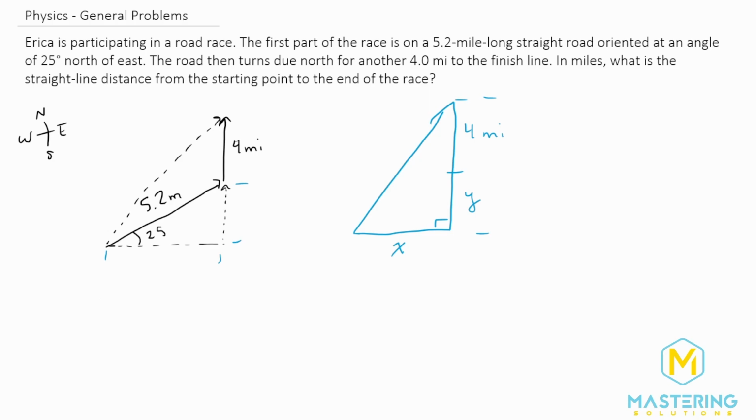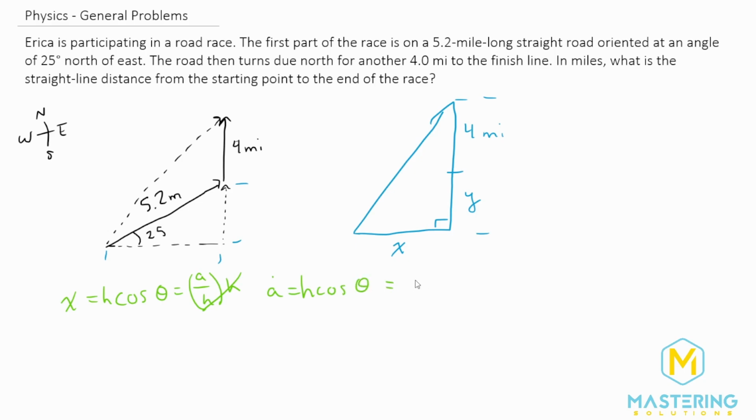So to start off, let's find the x component first. So x is equal to, we need the adjacent, and we have the hypotenuse and the angle, so we'll be using cosine. So cosine of theta is equal to the adjacent over the hypotenuse. We want the adjacent, so let's isolate it by moving h over. So we have the adjacent is equal to h cosine of theta.